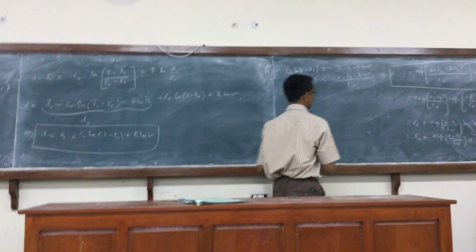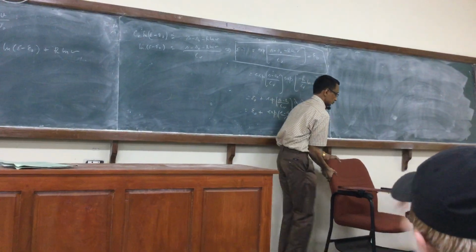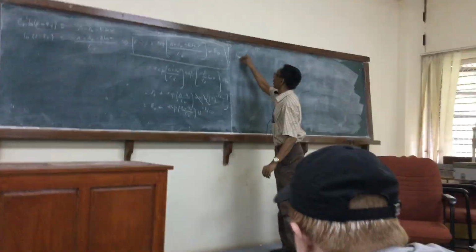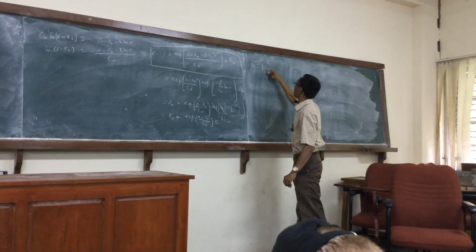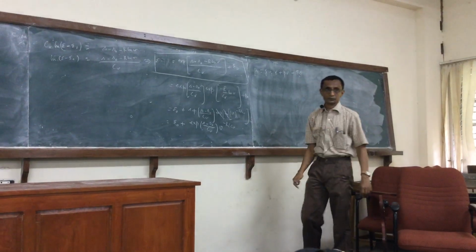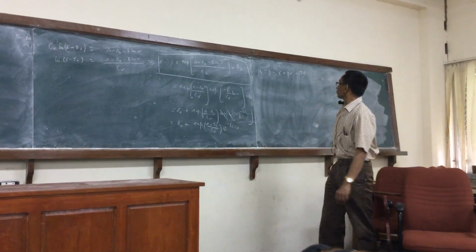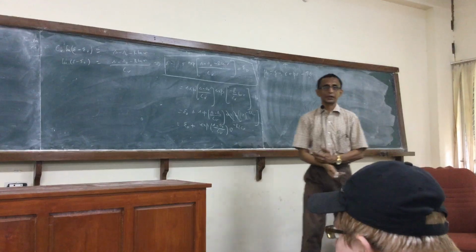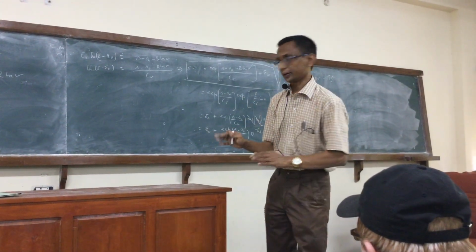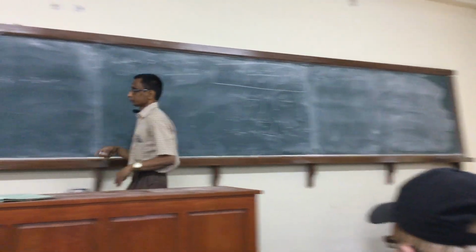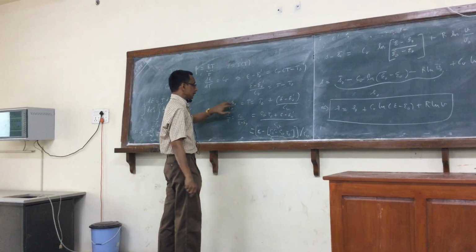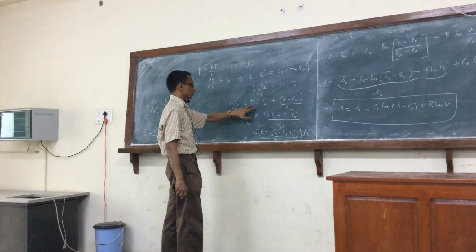So for that, I use the definition: E plus PV minus TS. So the first thing to note is that each one of these quantities has to be expressed in terms of T and P. So again, all for the ideal gas, E is clearly expressible in terms of temperature.